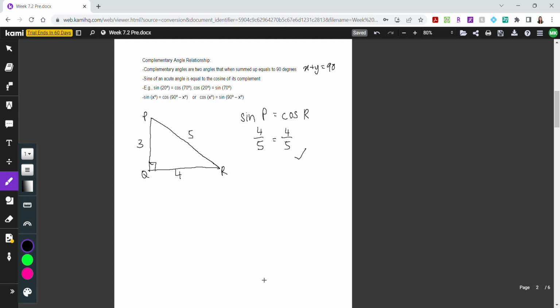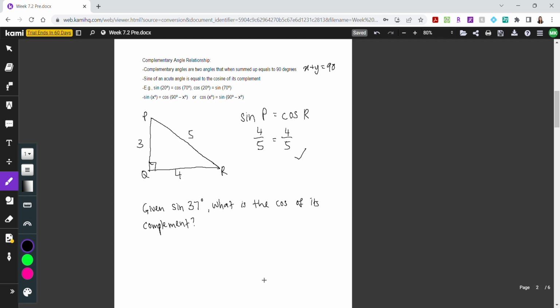Now with the formula that we're given, say for example, given sine 37 degrees, what is the cos of its complement? That's the only information that we're given. The keywords are sine 37 and complement, which means 37 plus something equals 90.